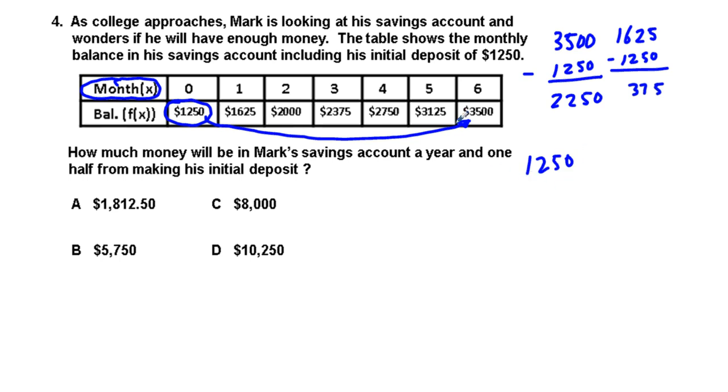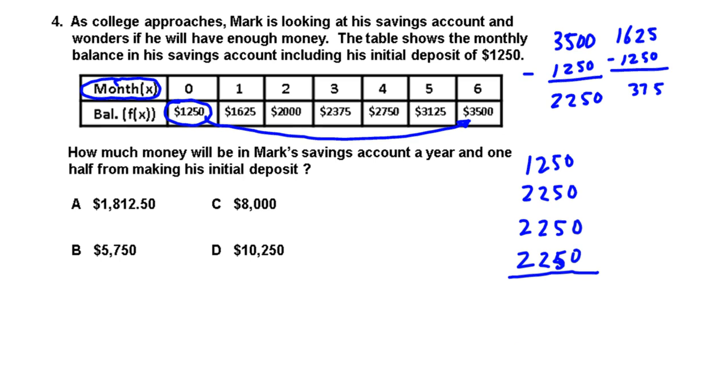So the amount he's going to have: he starts out with this 1250, and 6 months later he's added another 2250, depositing at that same rate. Another 2250 will be for a full year, and a year and a half is going to be yet 6 months later. So that's going to be 1250 plus these three here.